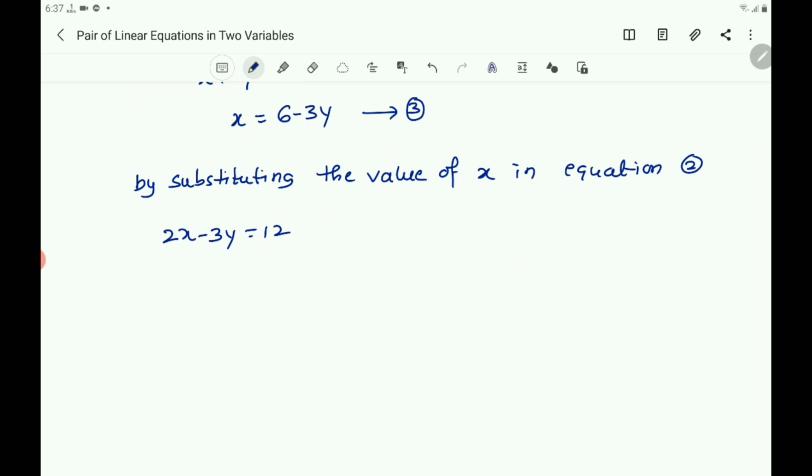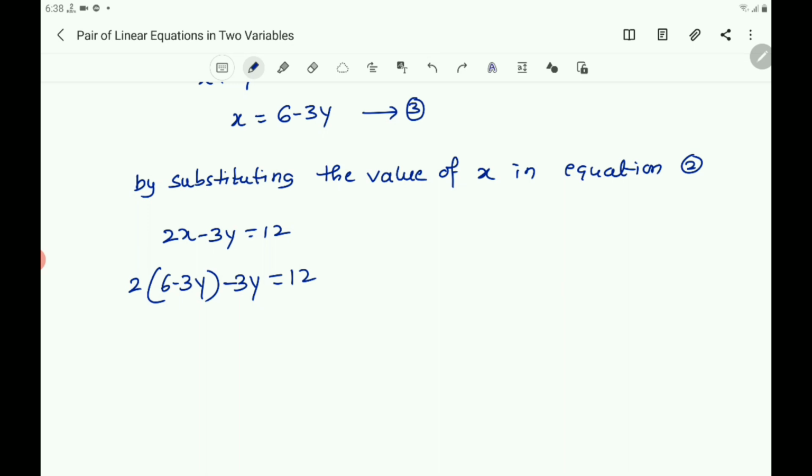Then it becomes 2 into, here in the place of x, write 6 minus 3y. Here 2x means 2 into 6 minus 3y, and you write minus 3y as it is, that equals 12.